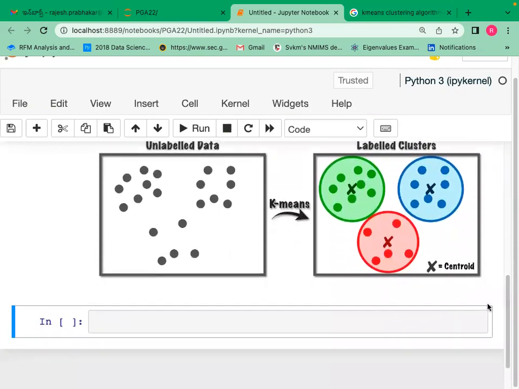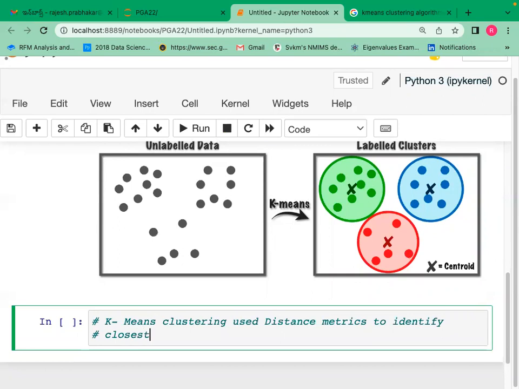Now, k-means clustering uses distance metrics to identify closest points. Distance metrics are used to identify closest points.